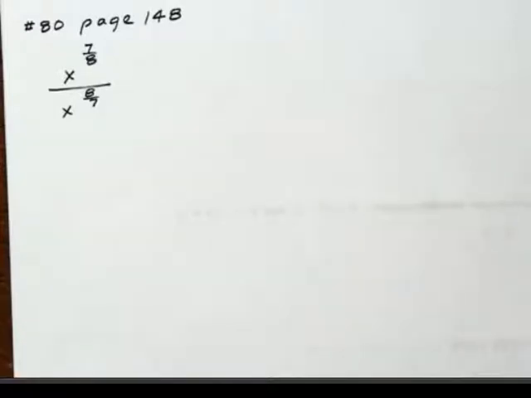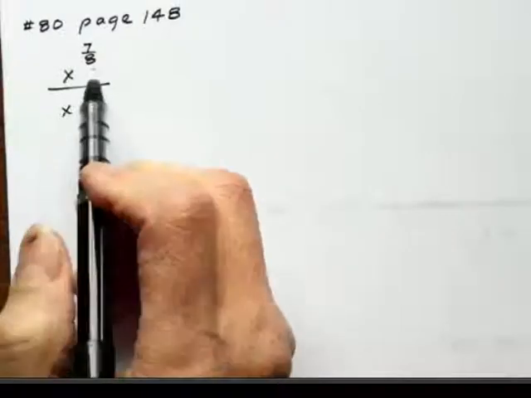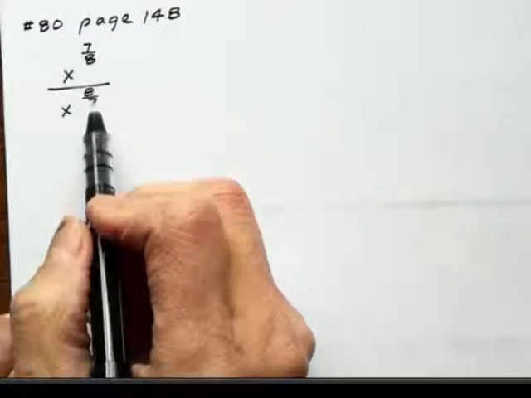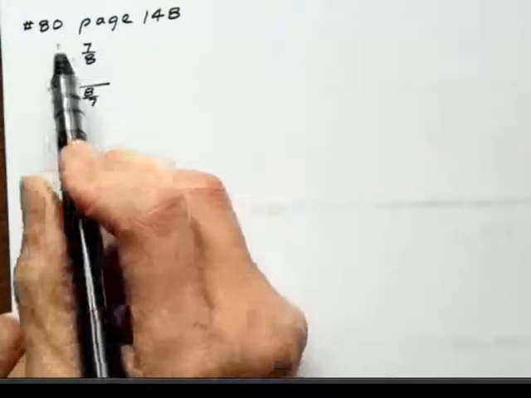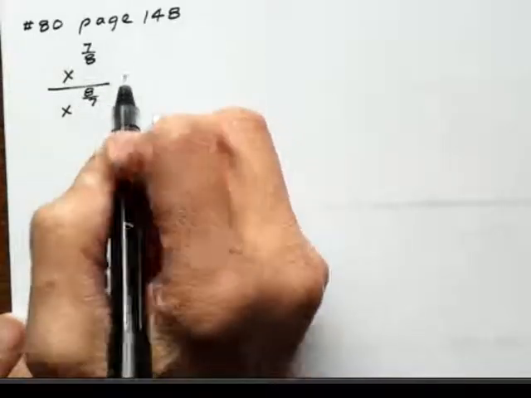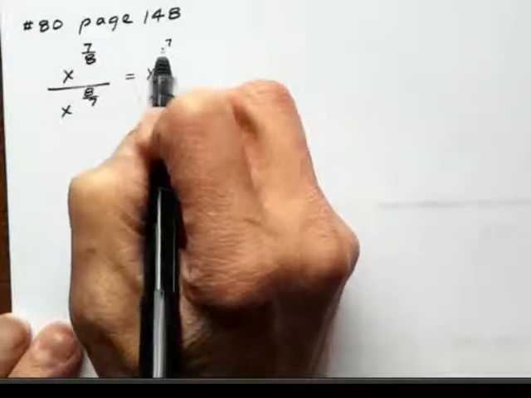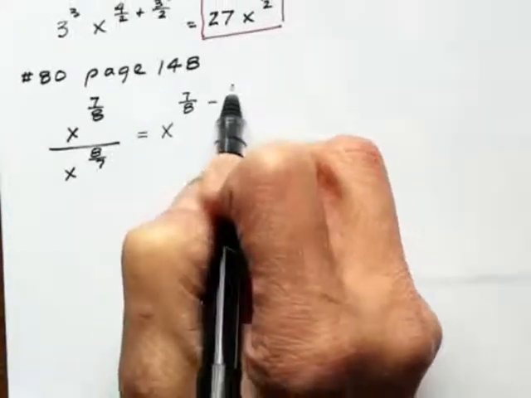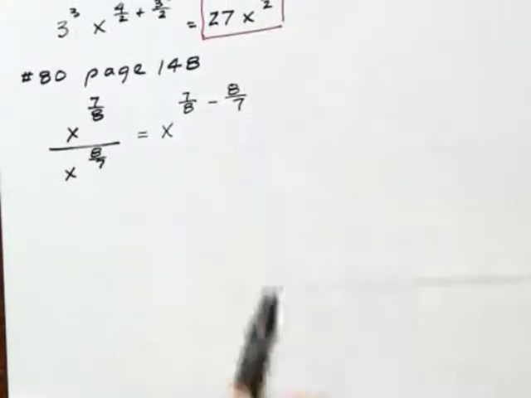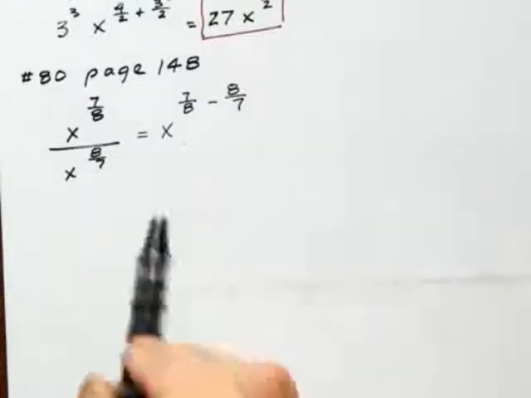So on this particular problem, I have the same base, and my rules of exponents say that if I have the same base and I'm dividing, I'm going to subtract my exponents. So I can rewrite this then as x to the 7/8 minus 8/7.